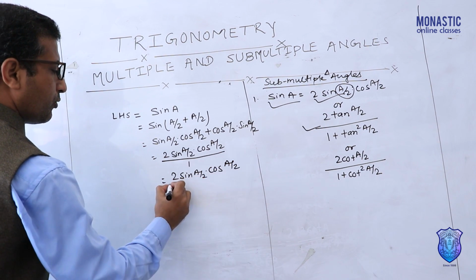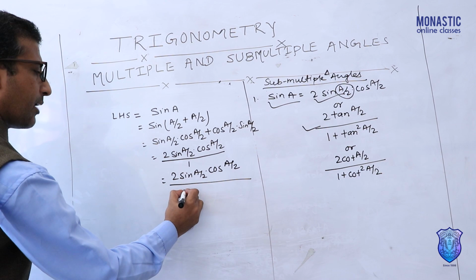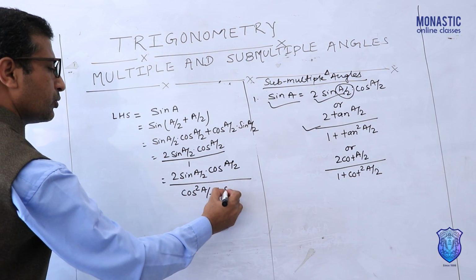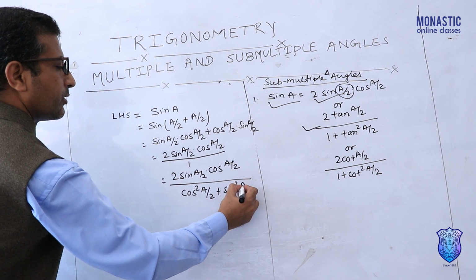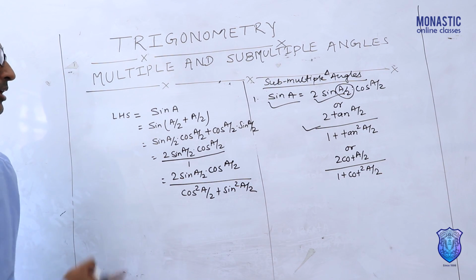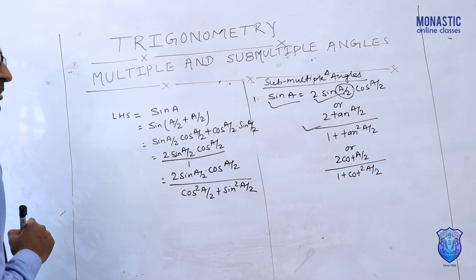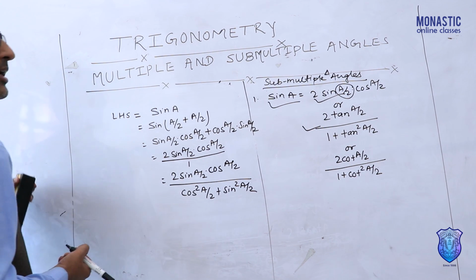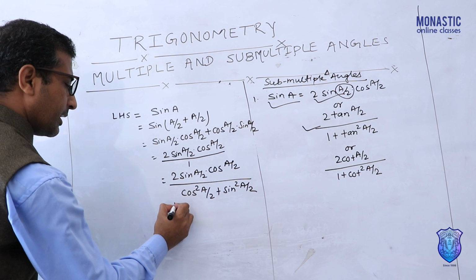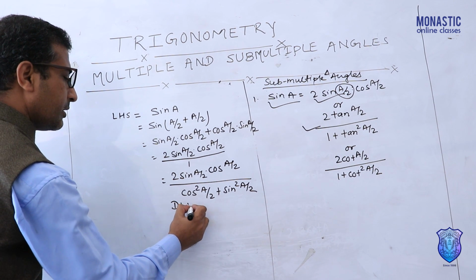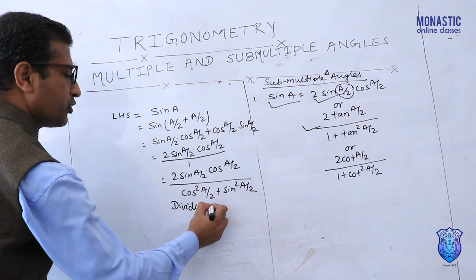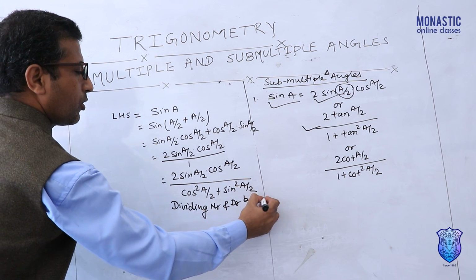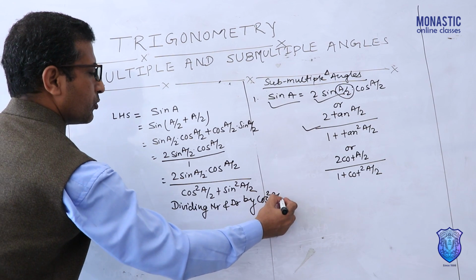In place of 1, we write cos square A by 2 plus sine square A by 2. Earlier we wrote cos square A plus sine square A, but now cos square A by 2 plus sine square A by 2. Then we divide numerator and denominator by cos square A by 2.